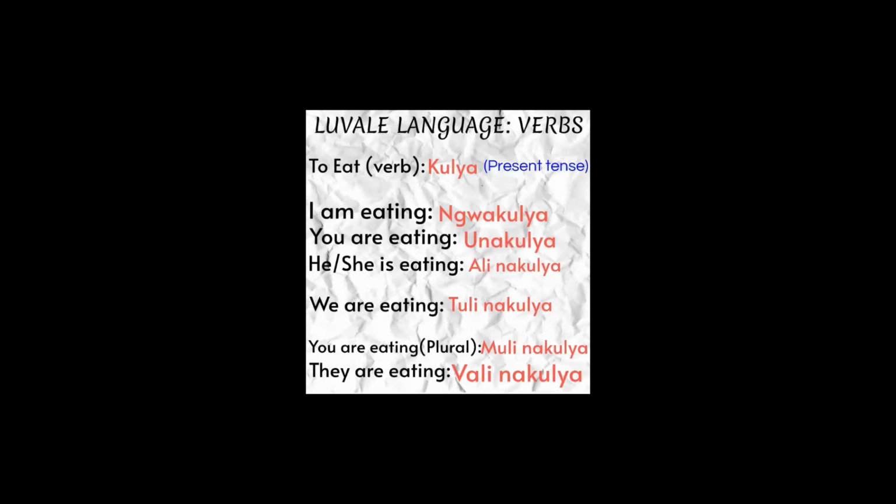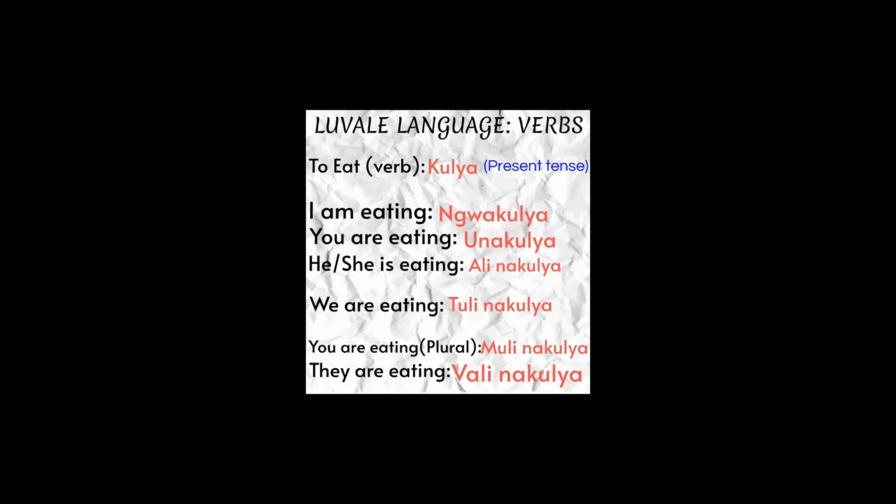So you can say ngwa, nguli, or nguna. Those mean you are describing something that is happening in the present. But now they just vary on how the action is flowing. So if you say nguli nakula, meaning you are in the process. Ngwakulia, it's just general. You just say, okay, I'm eating.